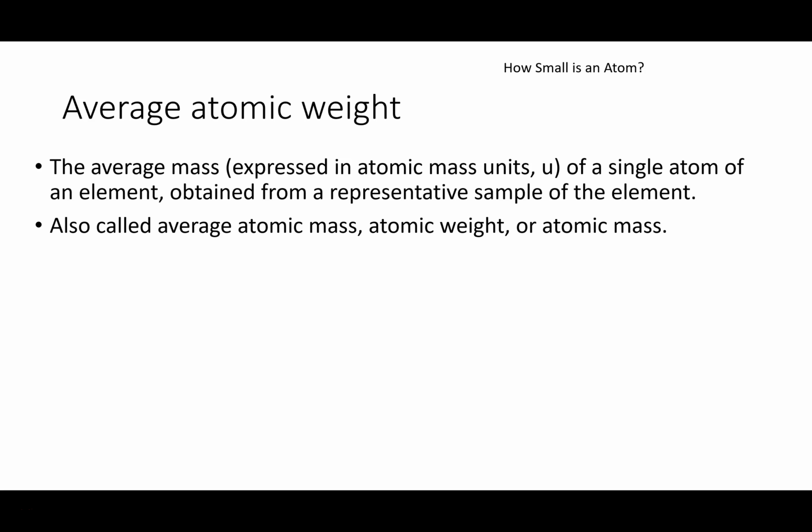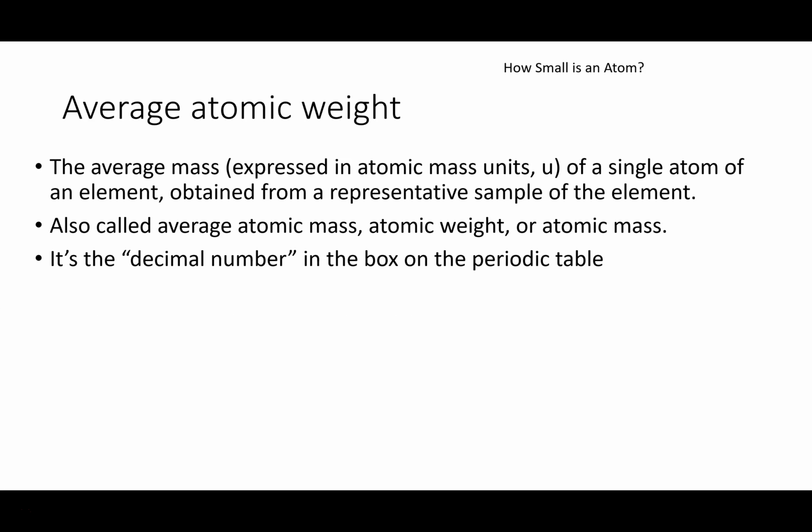But I need to talk about one more number in the box for the periodic table. So we picked on carbon a lot, so let's pick on carbon again. Carbon is over here. It has 6 protons, and for carbon on this periodic table, you see 12.011.